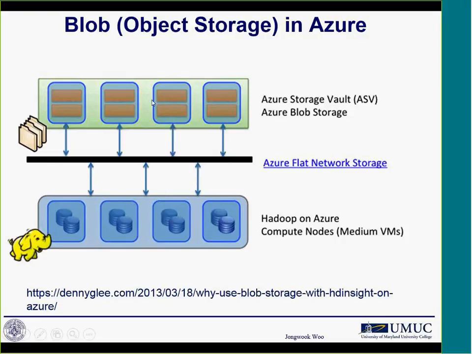It looks like the traditional processor-intensive computing. However, Microsoft Azure provides a high-speed network named Azure Flat Network. This network is super fast, so it is like the storage and computing node are the same node.